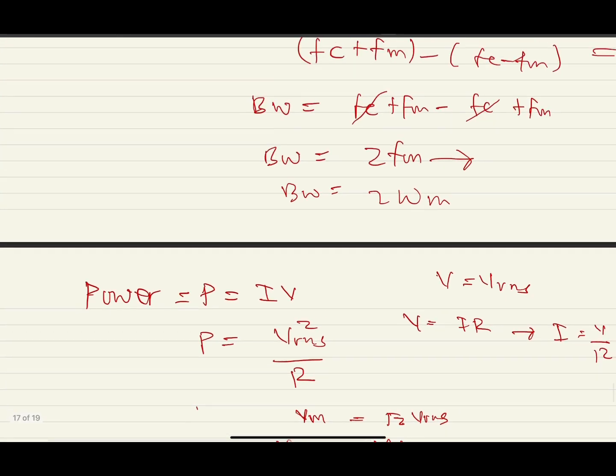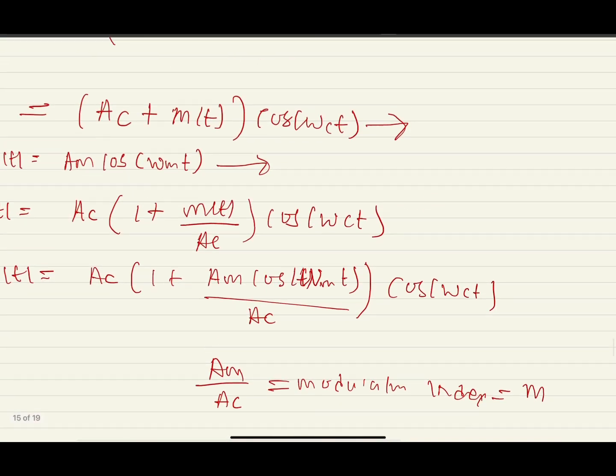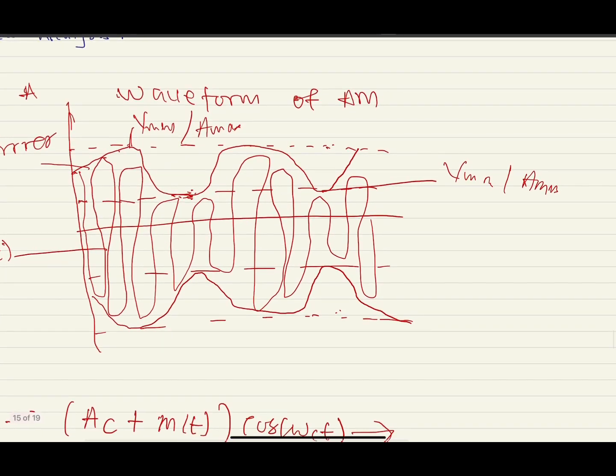At the beginning of this tutorial, we came up with this waveform. In view of this, if we want A max, the maximum amplitude, let's assume that the message amplitude was 5, so it was added to the carrier amplitude, AC plus 5, so we got the maximum, right?